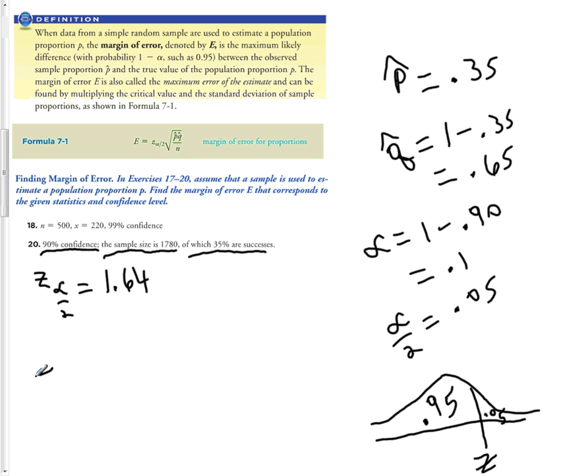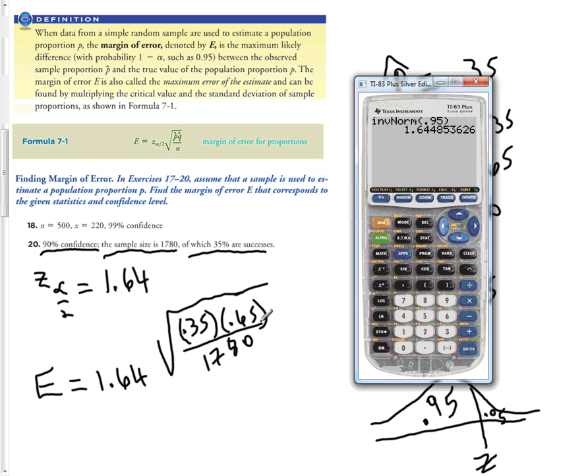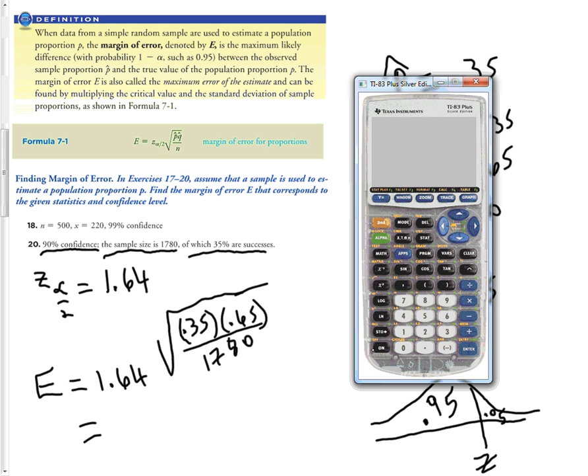So let's find the margin of error, E. E is then equal to the z of alpha over 2, which is 1.64, multiplied by the square root of p hat, which is 0.35, times q hat, which is 0.65, divided by n, which is 1780. And then we're just going to do all this on our trusty TI again. So we'll pull out the TI-83, and we're going to plug in those numbers.